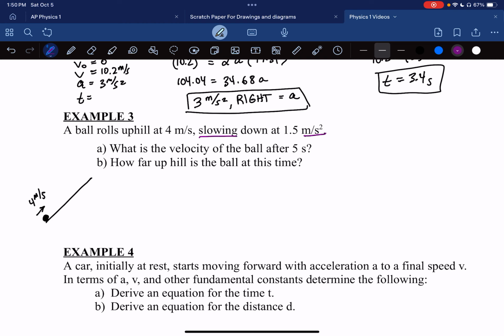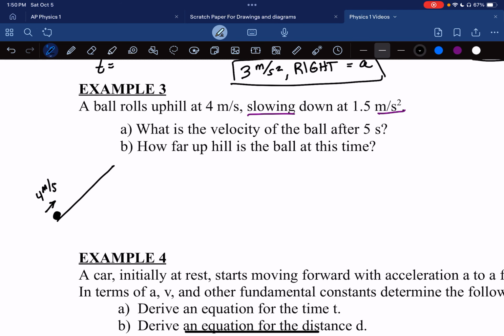So here's something to note about acceleration and velocities. Let's take out the 4 for a second. Let's keep it simple. This is the velocity. If I write in that the acceleration is positive, in other words, going with the velocity, this would imply that the ball is going to start speeding up and get faster and faster, which can't be true in this case.